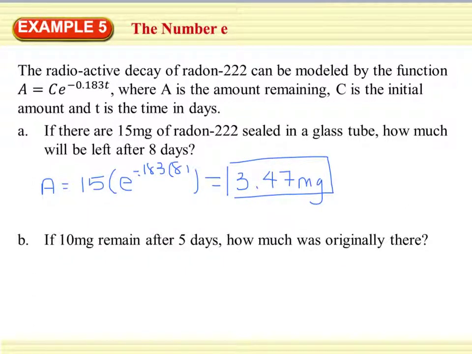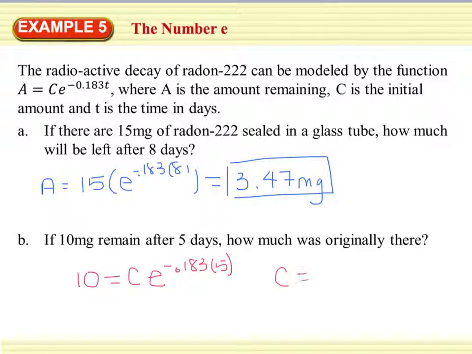Now part B is just a little bit different. It says if 10 milligrams remain after 5 days, we want to know what our original amount was. So we're going to plug that 10 in for our A. We don't know what C is, but we do know the rest. We know e, we're going to raise that to the power of negative 0.183, and we're going to multiply that by 5.